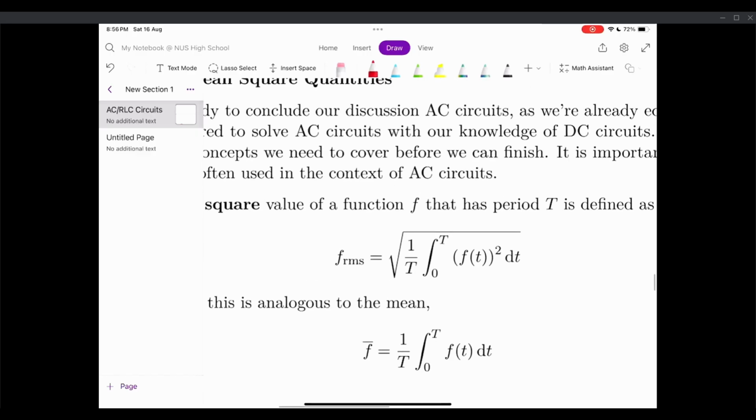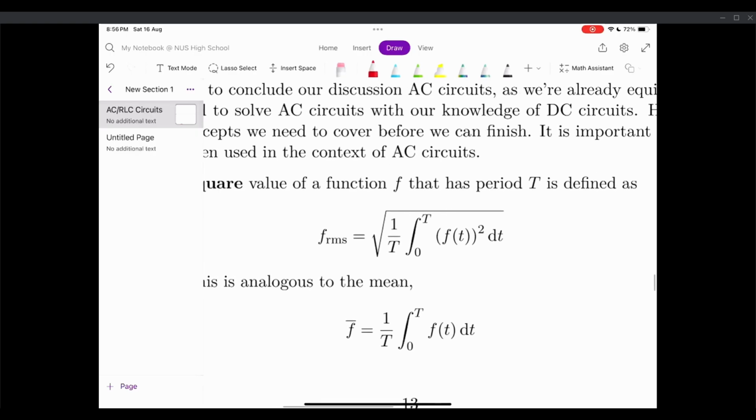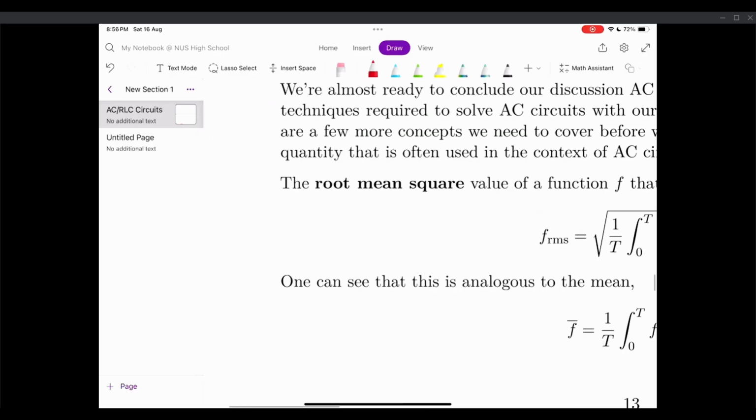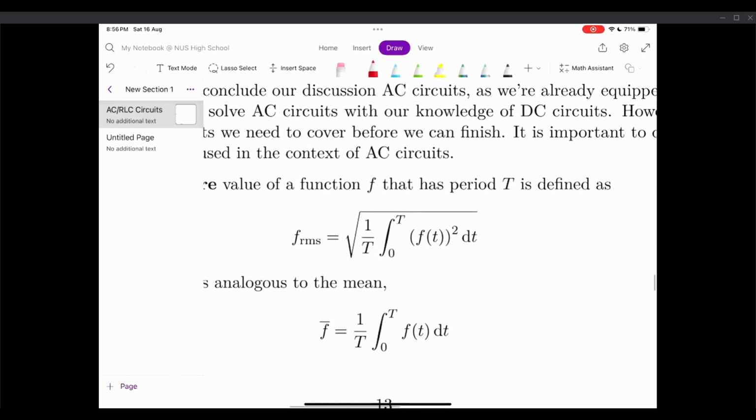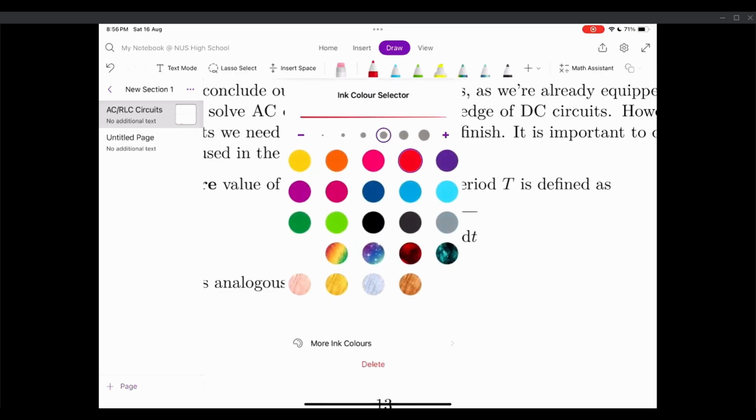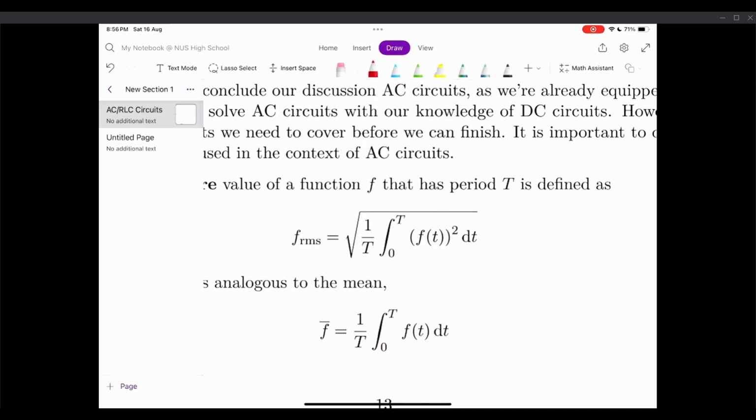But the root mean square value is something different, because it's essentially the square root of the mean of the square. That's where root mean square comes from. So what you're doing inside is taking the average of the square of the quantity, and then you take the square root.